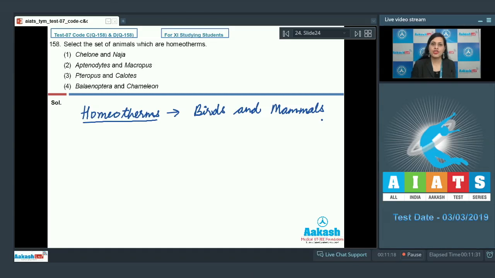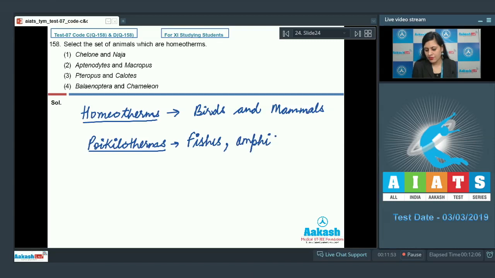On the other hand, fishes, amphibians and reptiles, they are cold-blooded or poikilotherms.